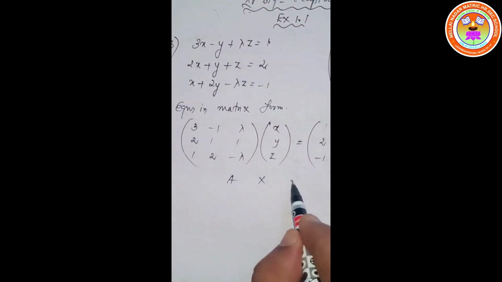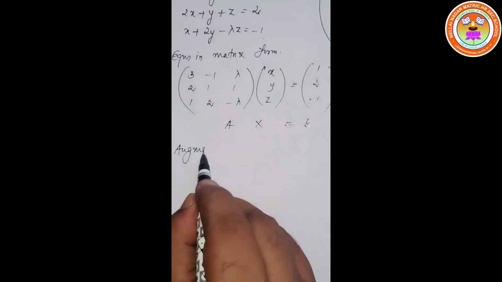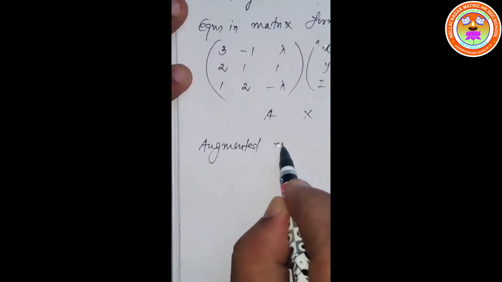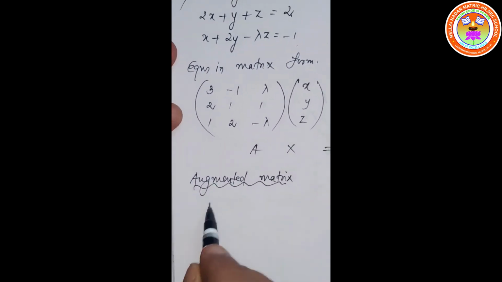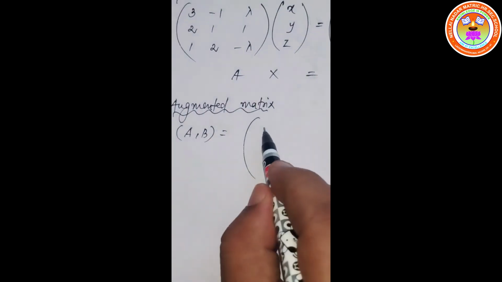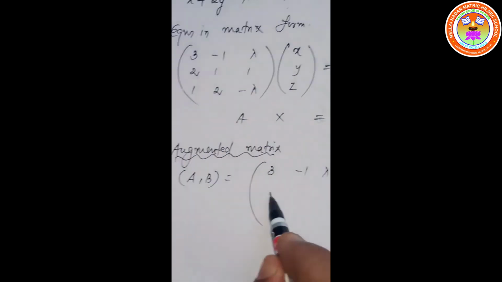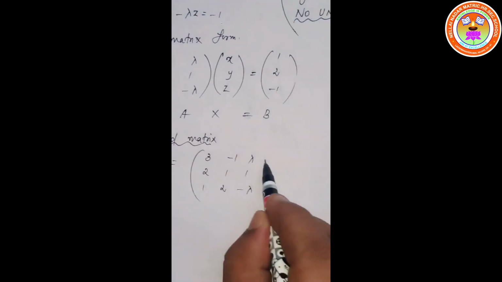Consider as A, x and b. Next we have to write the augmented matrix. Two matrices together. A matrix 3, minus 1, lambda; 2, 1, 1; 1, 2, minus lambda, and B matrix.